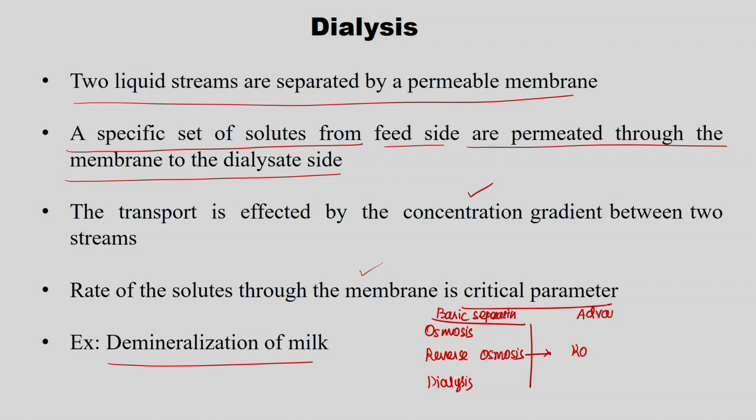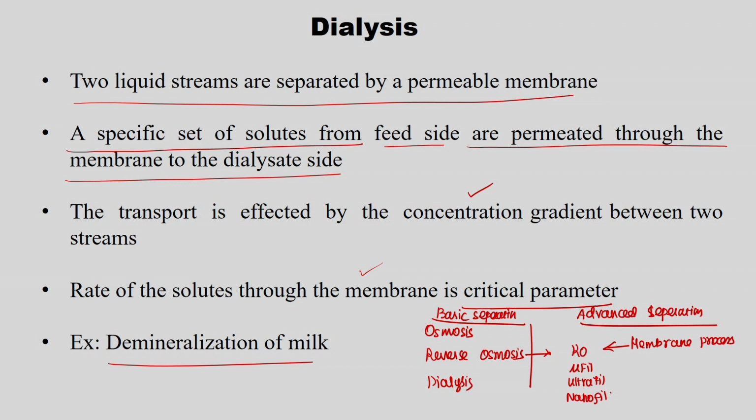Right. So, the advanced separation processes are all the membrane processes, which include RO, microfiltration, ultrafiltration and nanofiltration.